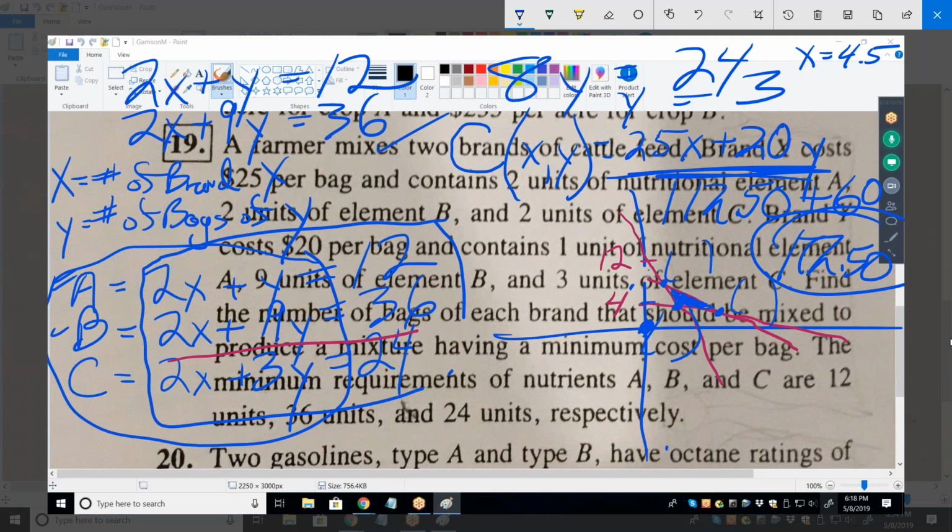So the cost of this bag would be whatever number I just came up with. 25 times 4.5 plus 20. That's $112.50 plus 60. That's $172.50. So that's the cost if I do this point here.